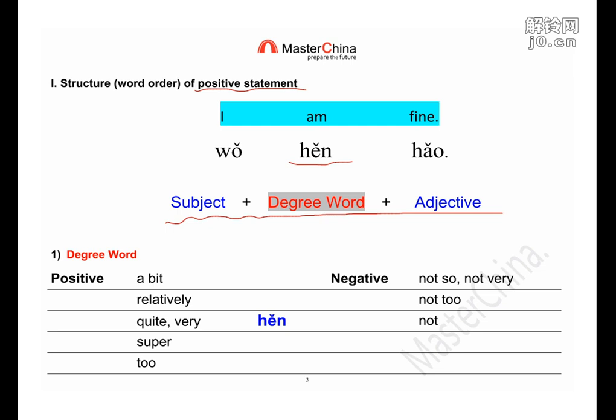Of course, you can find a lot of academic theories in some grammar books, but if you don't understand the logic of how people think, you still don't get to the point of the Chinese style. So let me explain the meaning of degree words.